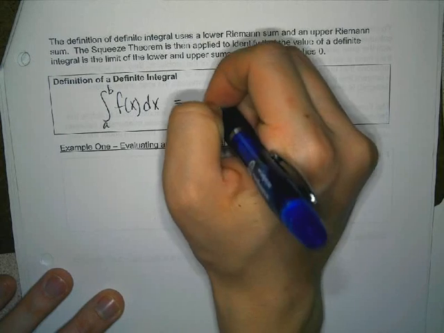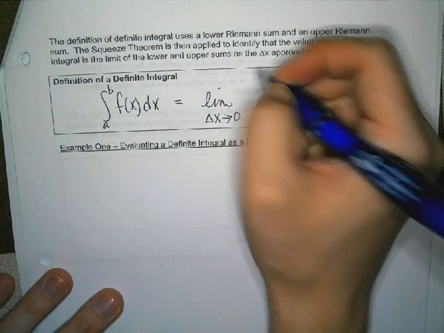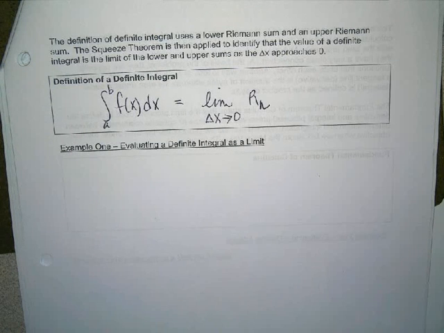But as everything we've done refers back to limits, essentially a definite integral, that doesn't mean you have to take the limit of a Riemann sum every single time, but when you find the exact value of an integral, you are finding the limit of a Riemann sum as your change in x approaches 0.